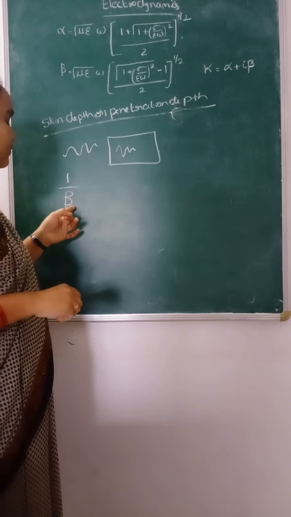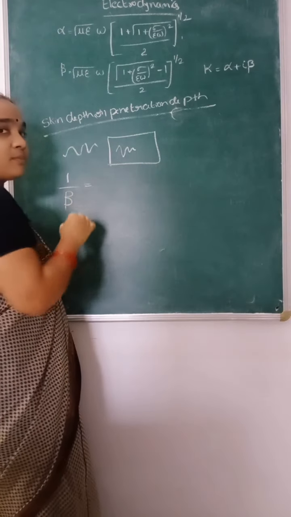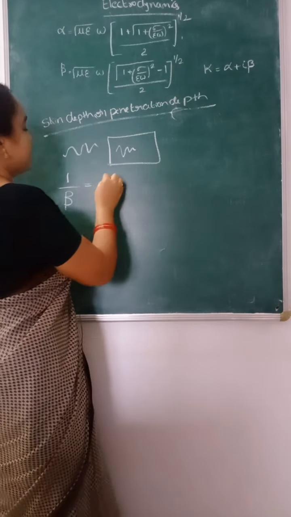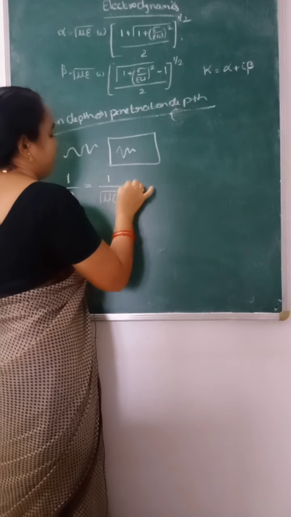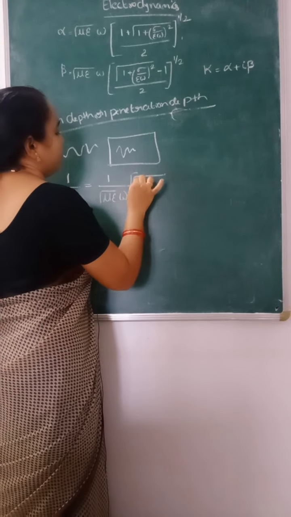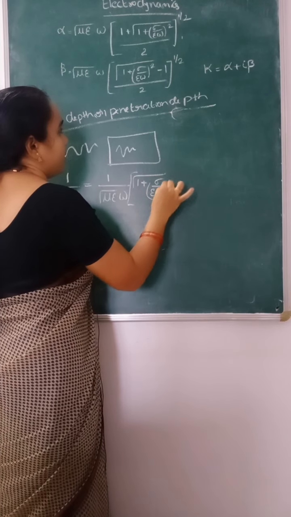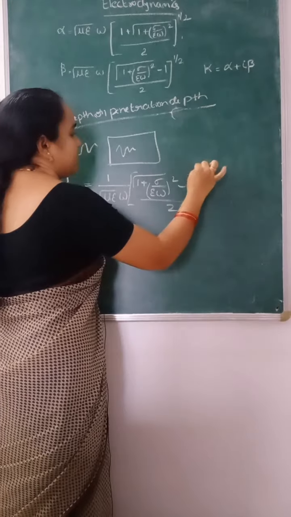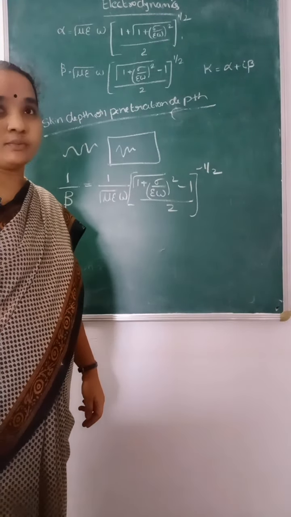The inverse of this absorption coefficient is called the skin depth. So this is 1 by beta, that is 1 by root of mu epsilon omega, root of 1 plus sigma by epsilon omega whole square, power minus 1 by 2. Since it is an inverse, we indicate it with minus 1 by 2.